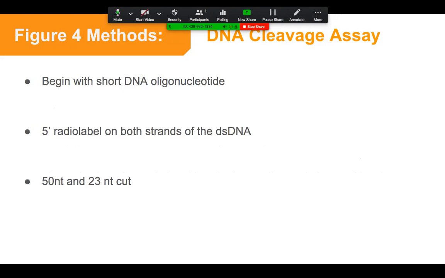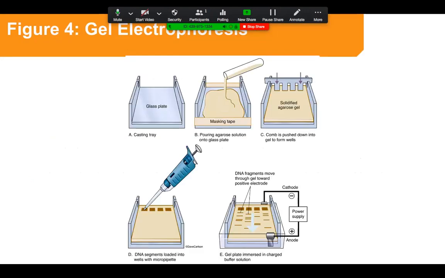The next one I think we're all pretty familiar with. This is gel electrophoresis, and you're first going to get your glass plate and put masking tape up on the sides, and then you're going to pour your agarose solution onto the glass plate, put that comb, push it down into the gel to form your wells, which we're all pretty aware of.